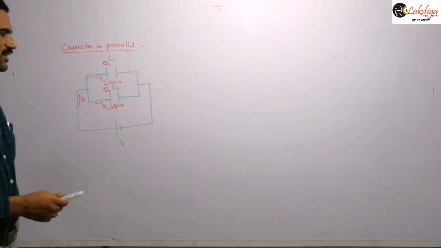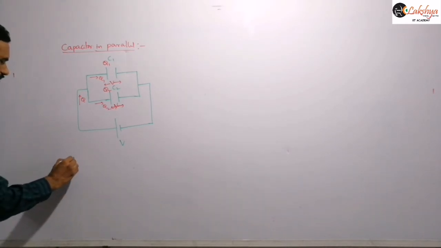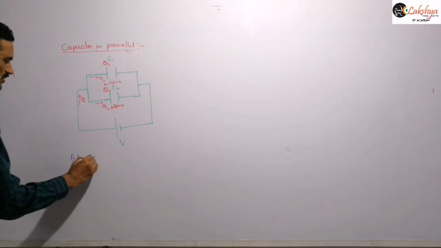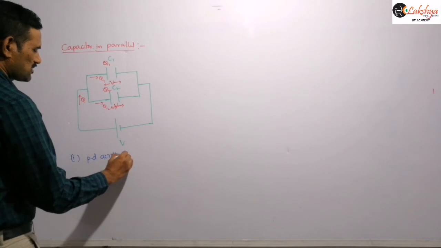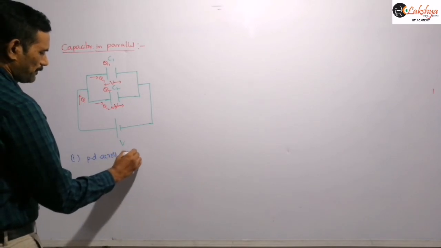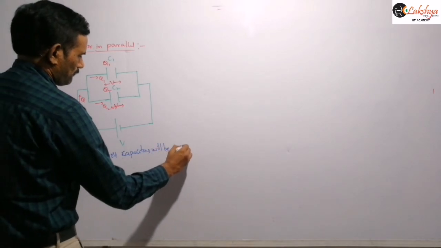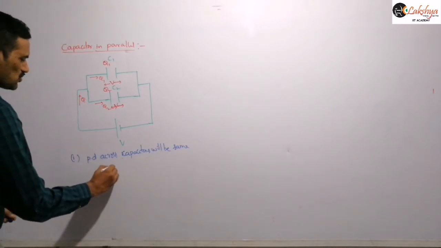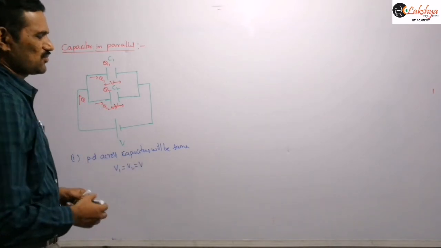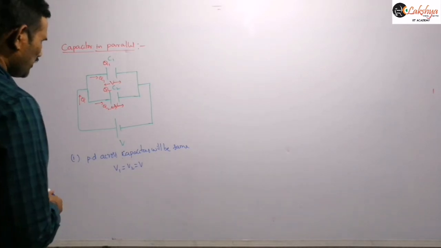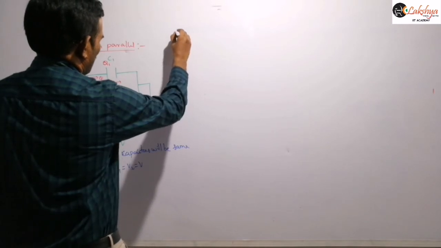So for this parallel combination, the major condition is that the potential difference across the capacitors will be the same. So you can write V1 is equal to V2 is equal to V, where V1 and V2 are the potential differences across each capacitor. And next, here we can mention the charge. Can you say the relation about these charges on the capacitors?